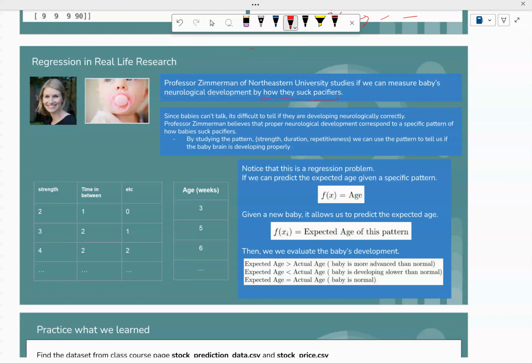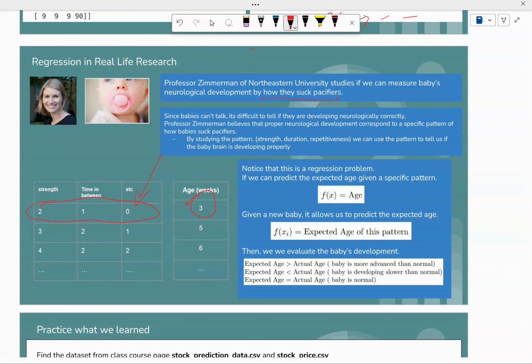And therefore in this case you can collect the data of the baby's age. So here you collect the baby's age, and over here you can collect the data on how well the baby sucked the pacifier, maybe how long they suck the pacifier, how repetitively they suck the pacifier. So by collecting this data, you can essentially run a regression where, given the pattern, we can predict the average age of the baby.